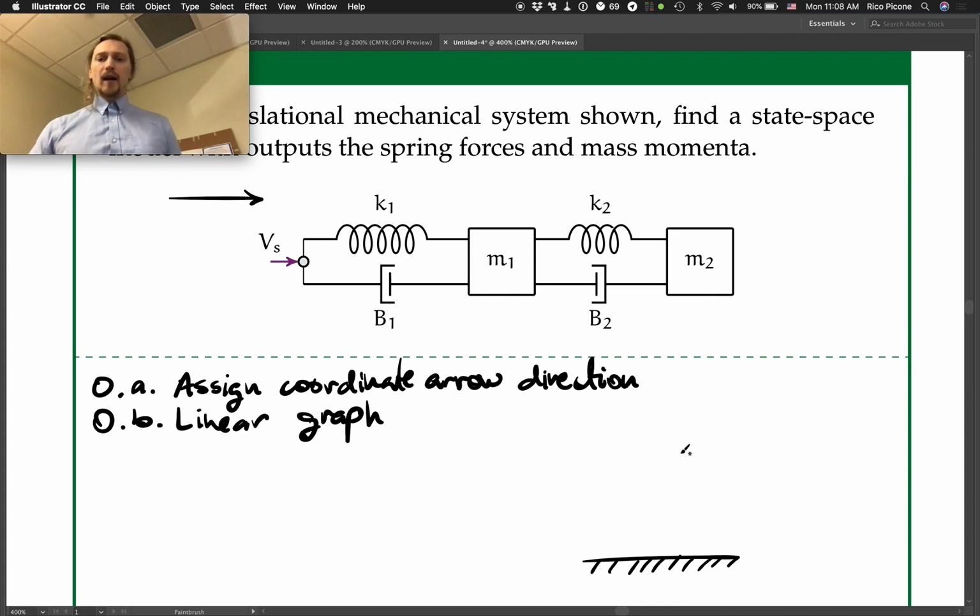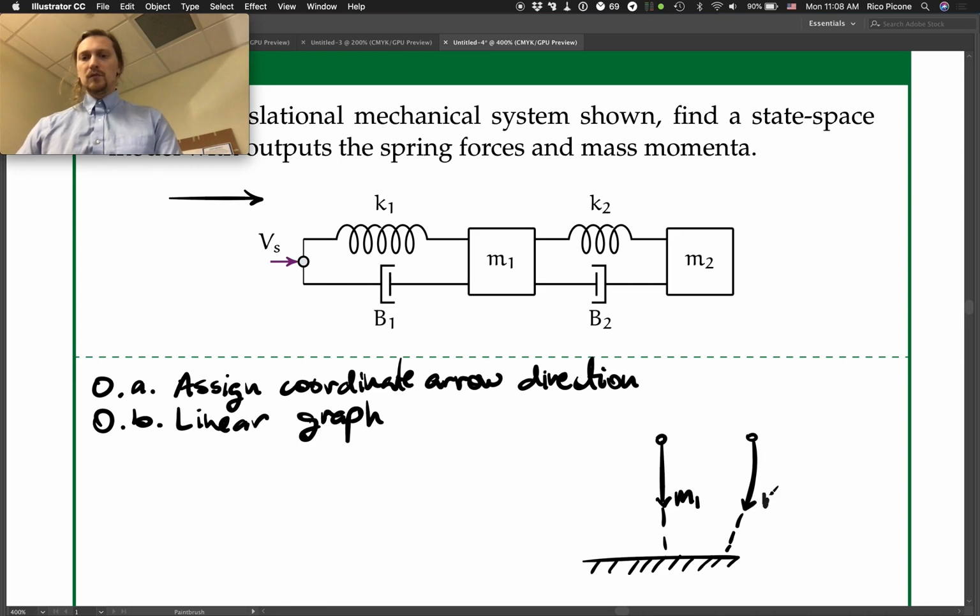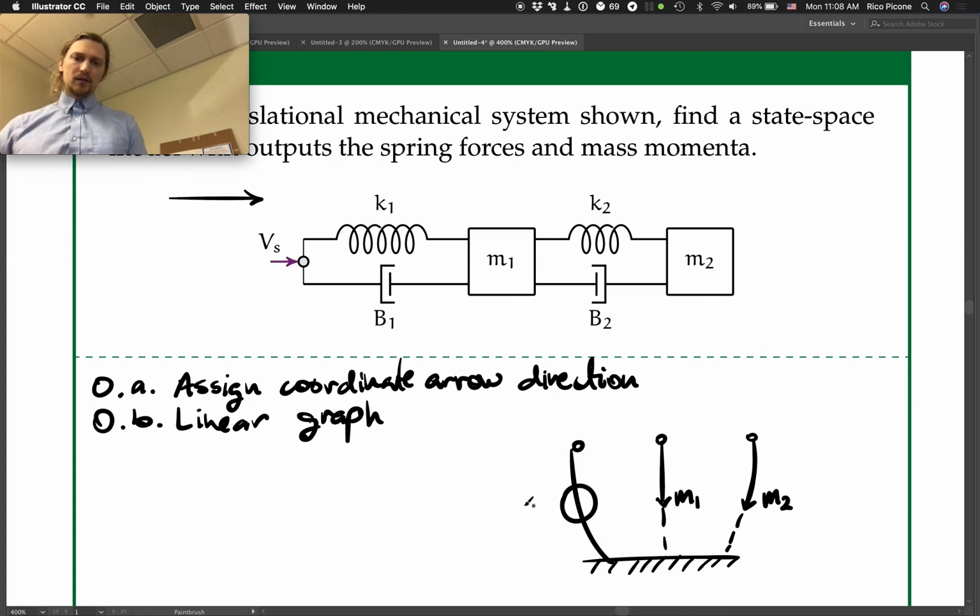You've got the two mass nodes, which are pretty easy to identify. They always go to ground, so there's that, M1 and M2. And then VS is applied to another node. So we drew the arrows of M1 and M2 down to ground because they always go to ground.